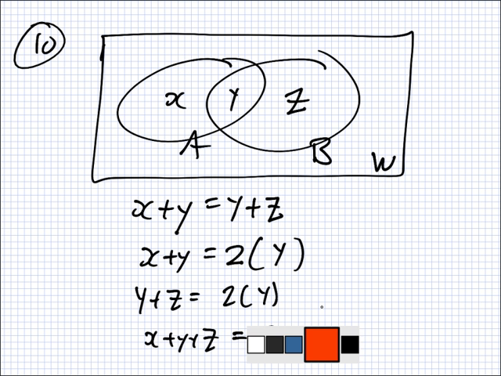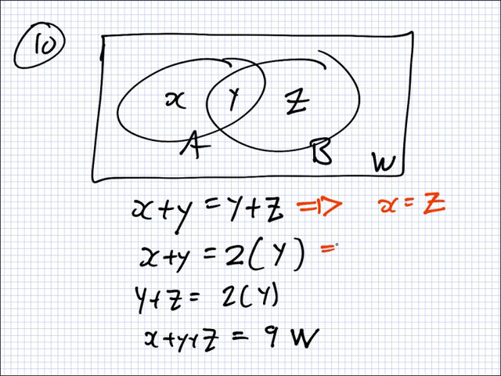They're not as bad as they look, because already straight away, what can I cancel here? The y, so I get x equals z. This one here is x plus y equals 2y. So if I took this y to the right, I would get x equals 2y minus y, so x equals y. And here, if I took the y to the right, I get z equals y.